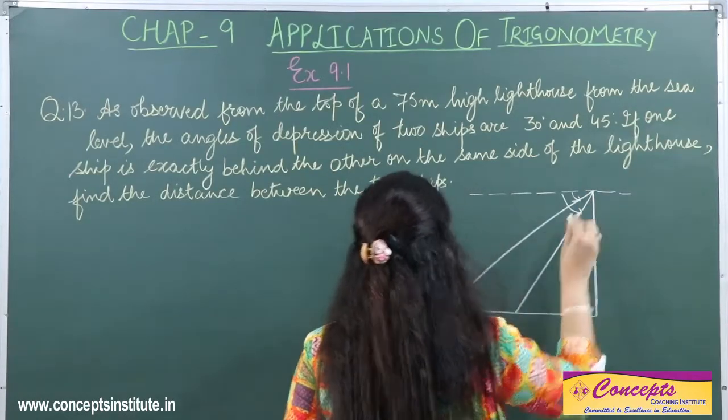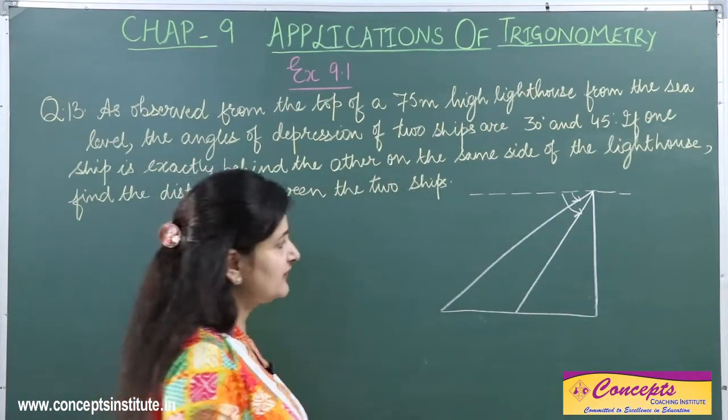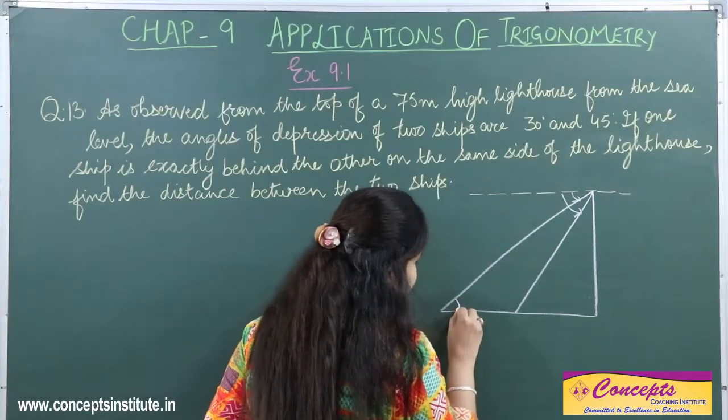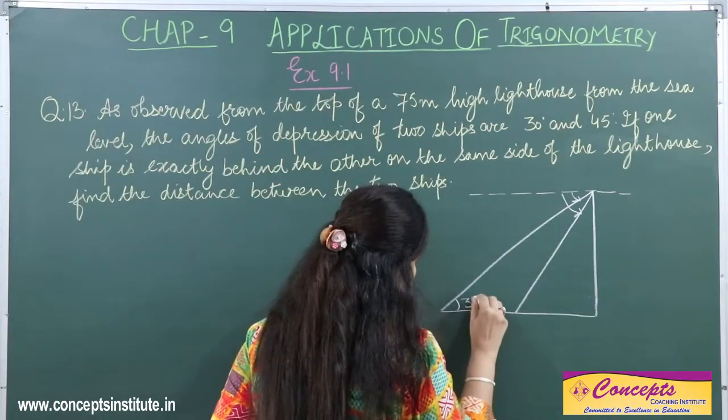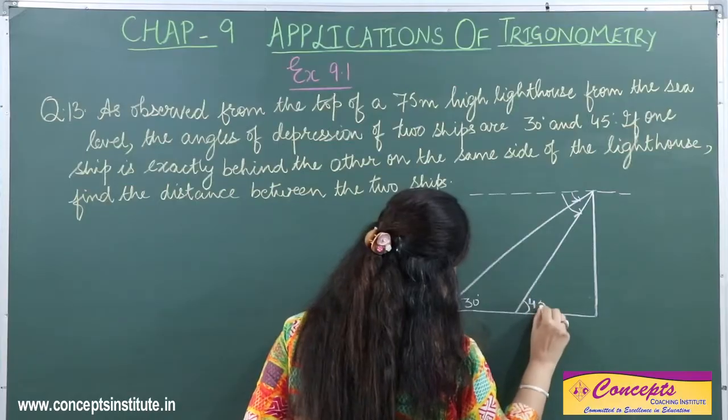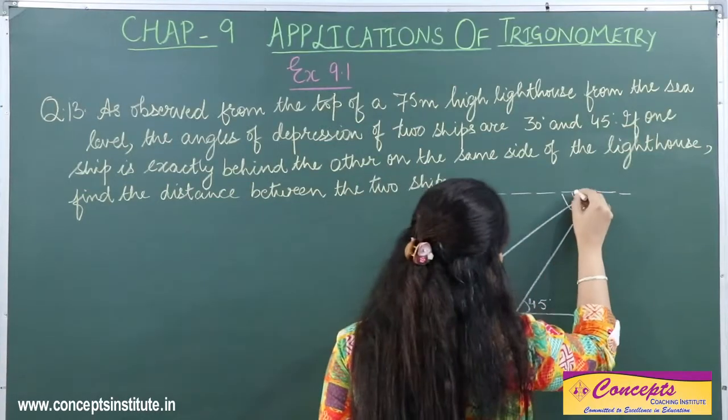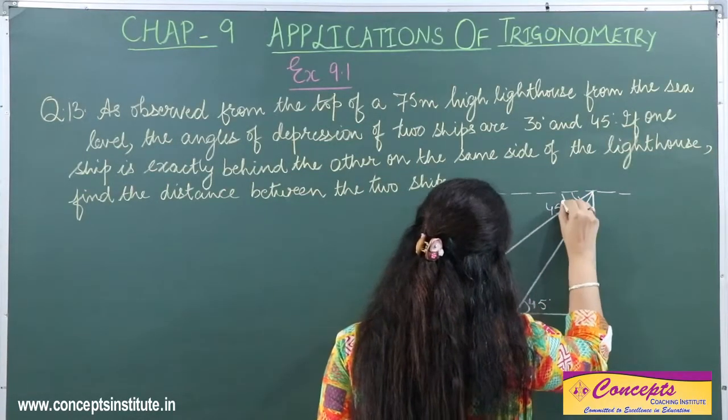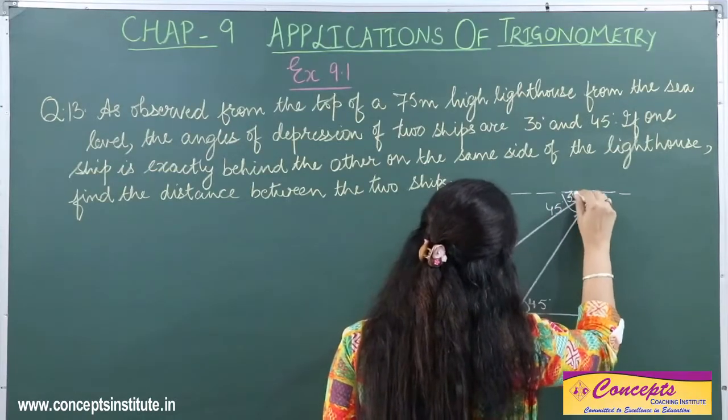Obviously we have two angles, 30 degree and 45 degree. The angle which is farther away from the 90 degree would be a smaller angle. So this is 30, this is 45. That means this angle is 45 degree and this would be 30 degree.